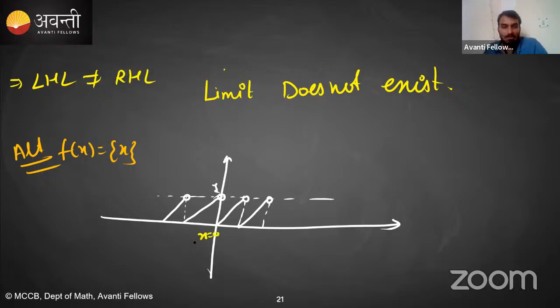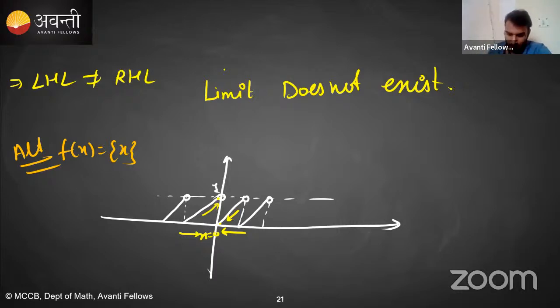If I approach this function from the left hand side, the value of the function is approaching 1. And if I approach from the right hand side, the value of the function is approaching 0. So from the graph also you can directly say that the limit does not exist. Clear, everyone?